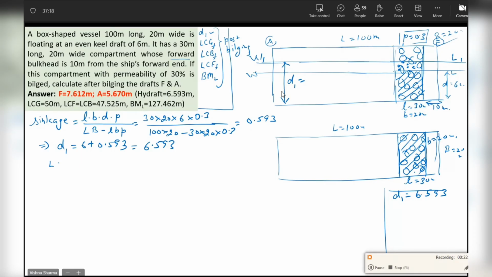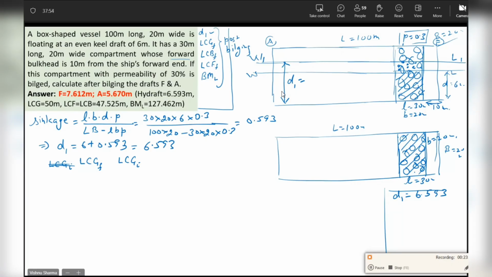LCG initial, or let me just put it like this. Guys, what will be the relationship between LCG final and LCG initial and why? What we are solving, what will they be? Will they be different? LCG final will be more because the weight is increased on the forward. Which method are you using? Lost buoyancy, it will remain same.